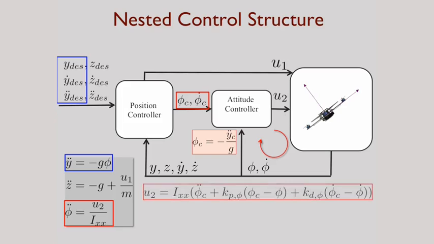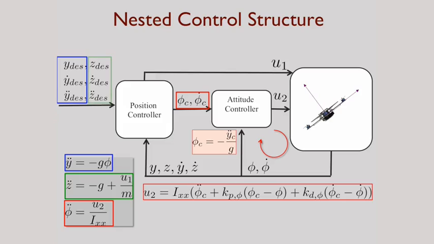So in summary, the inner loop is designed so that phi converges to phi sub c, and phi sub c is obtained from the y component of the desired trajectory. Finally, the z component tells me how to calculate u1.